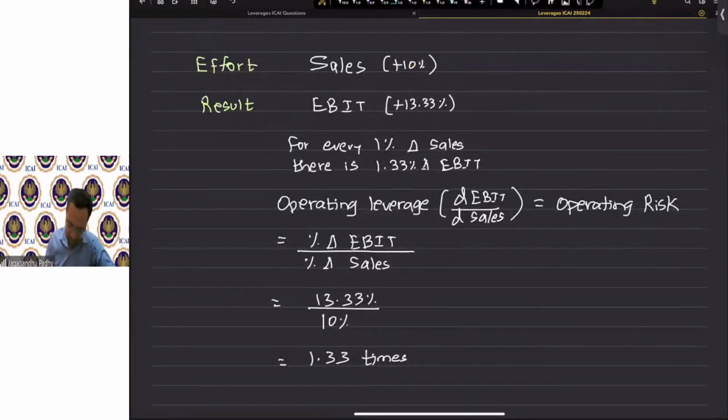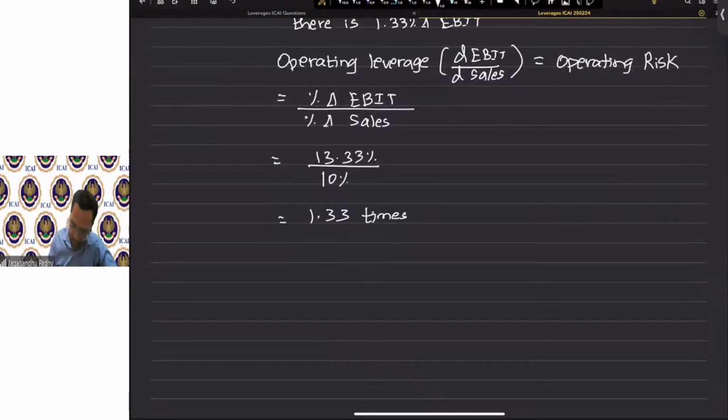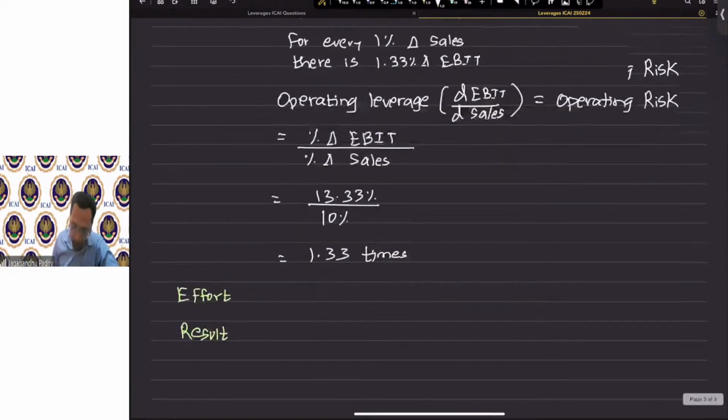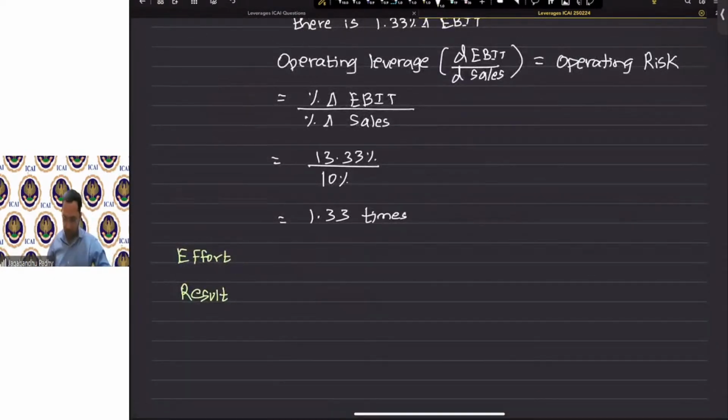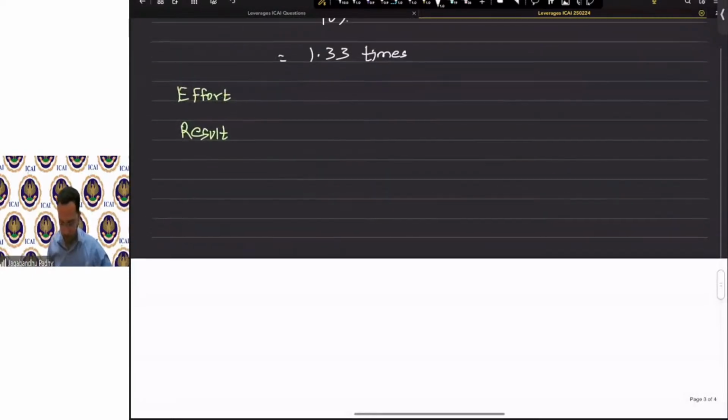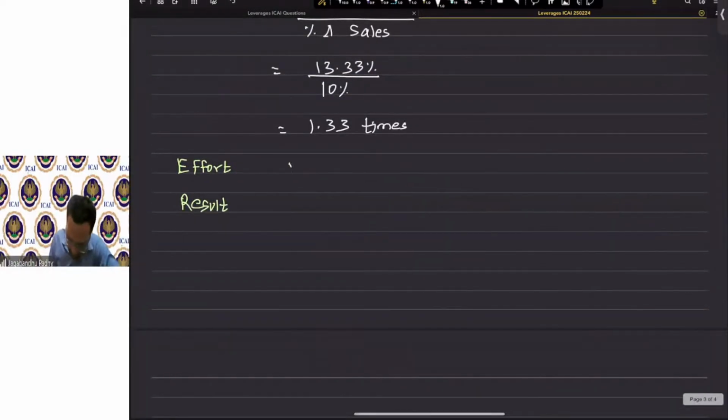Now, similar case, if we talk of effort and result criteria, let's say the effort is your EBIT, and suppose the result is your profit after tax, right?